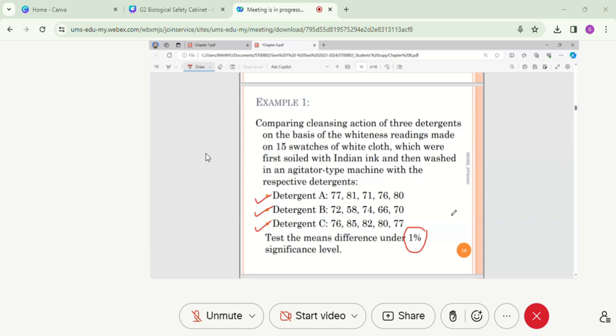Okay. So now I would like to ask Daya Hawa, what is your K here?